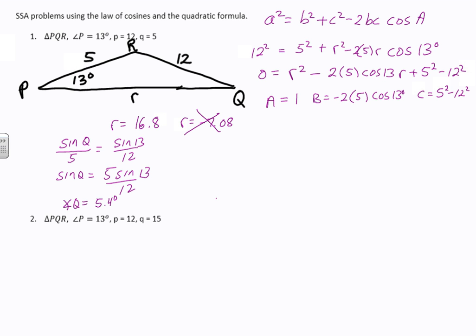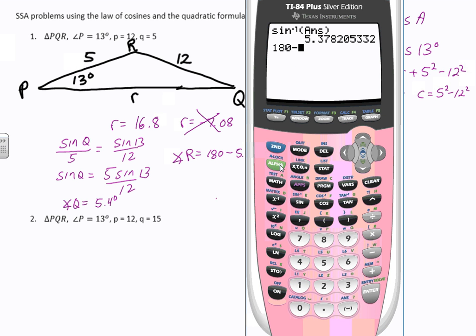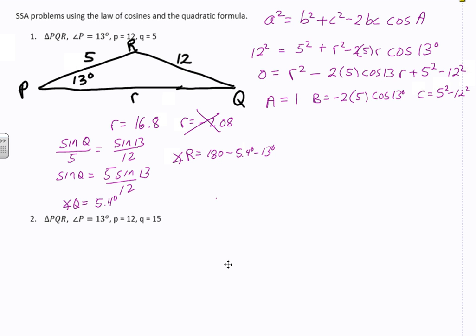And angle R, I'm going to find by subtraction: 180 minus 5.4 degrees minus 13 degrees, and that is 161.6 degrees. So angle R is 161.6 degrees.